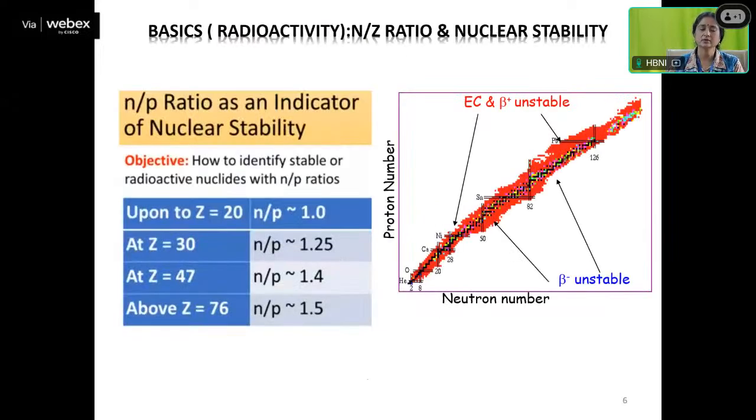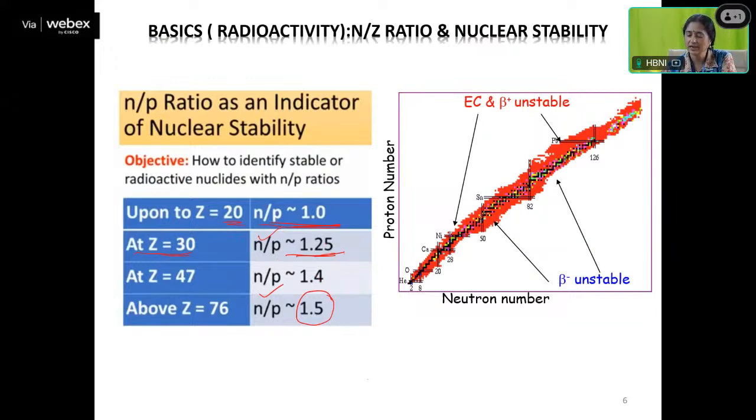So when does an element become radioactive? If there is an imbalance between the number of protons and neutrons. See, up to Z equal to 20, N by P is exactly equal to 1. At Z equal to 30, the N by P ratio is 1.25, meaning the number of neutrons has increased. So slowly the ratio becomes 1.25, 1.4, and then 1.5.